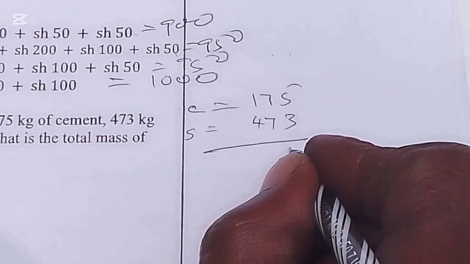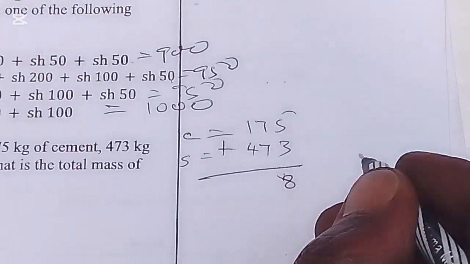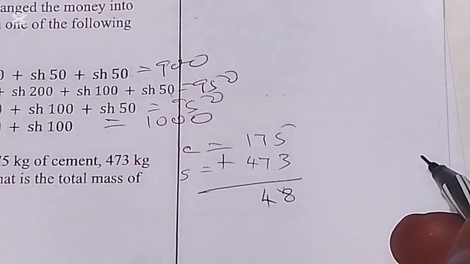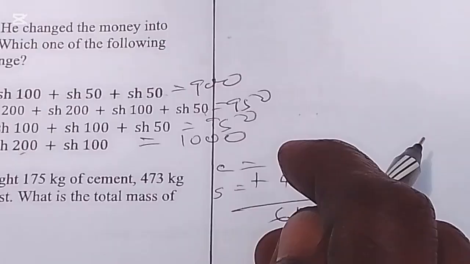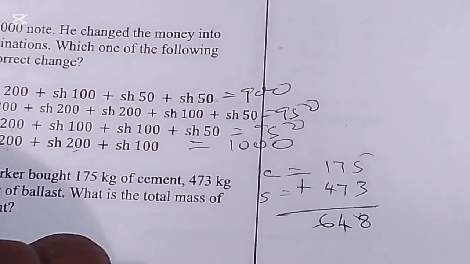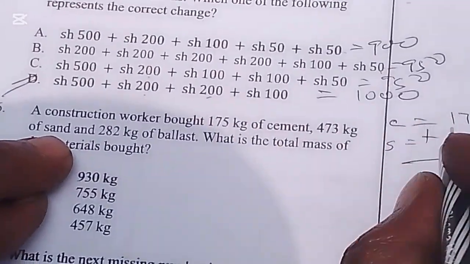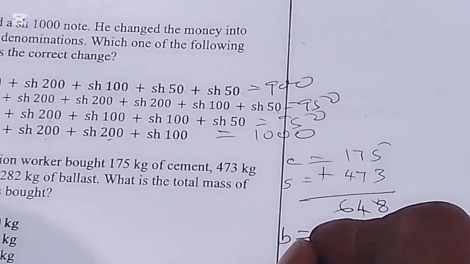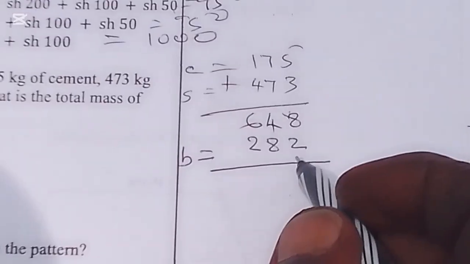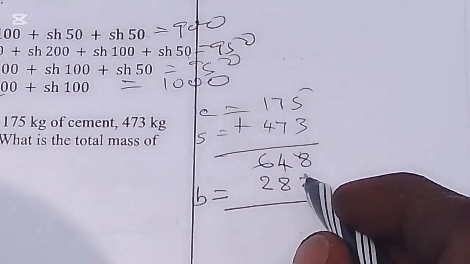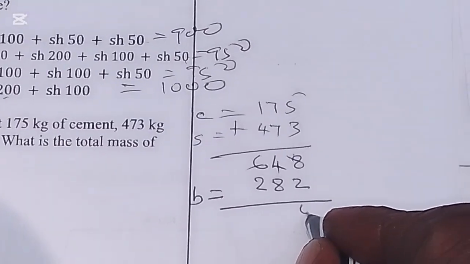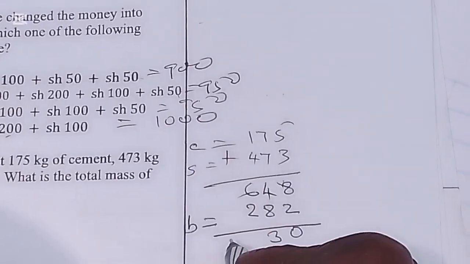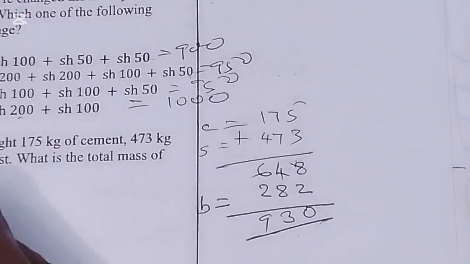Now we add 8 plus, okay, 7 plus 7 is 14 plus 1, 648. Then the ballast is 282. And we have 8 plus 2, 10, carry 1, 13, carry 1, 9, 930.